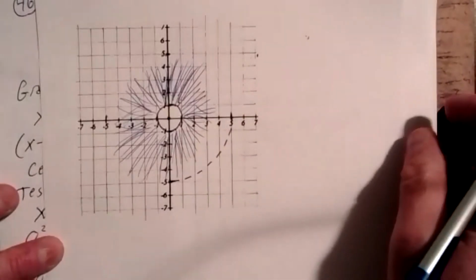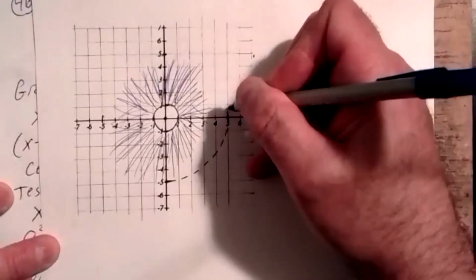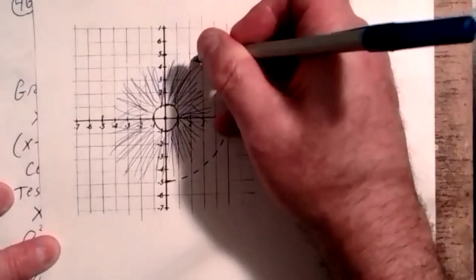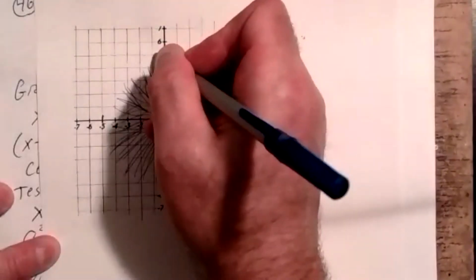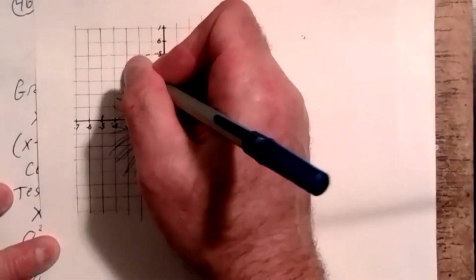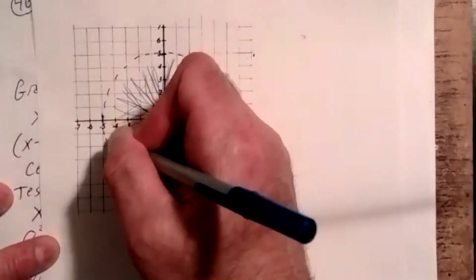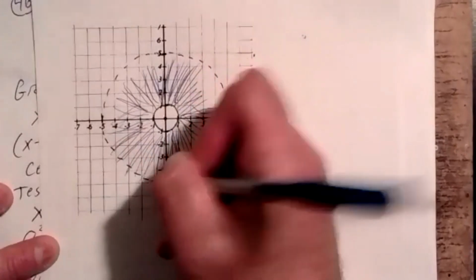Your circles may not be perfect, but just so we get the idea. All right, not too bad. And then my circle is going to come around here, grab that point, come down here and grab that point.